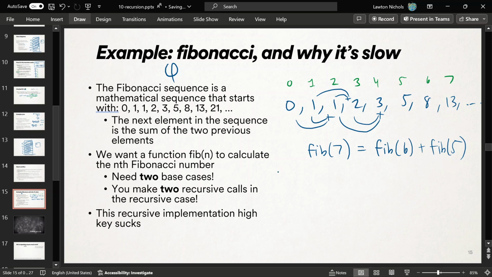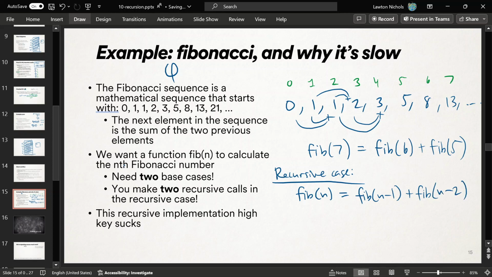And so that's your recursive case. If you just generalize that, recursive case: you ask me for fib of n. That's equal to fib of n minus 1 plus fib of n minus 2. Two recursive calls. Cool.